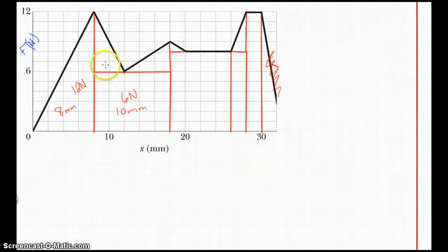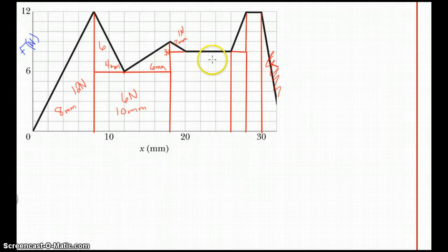Here we're going 4 millimeters wide and 6 newtons tall. Here we're going 6 millimeters wide and 3 newtons tall. Here is 2 millimeters and 1 newton.